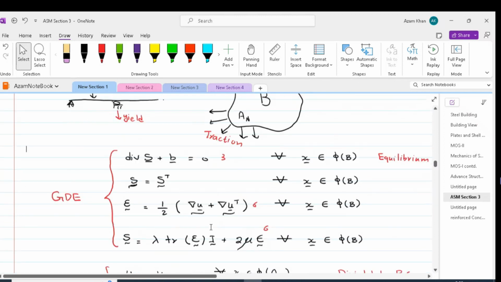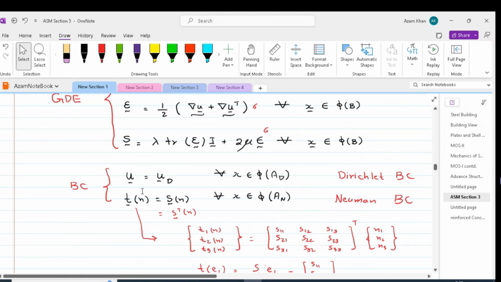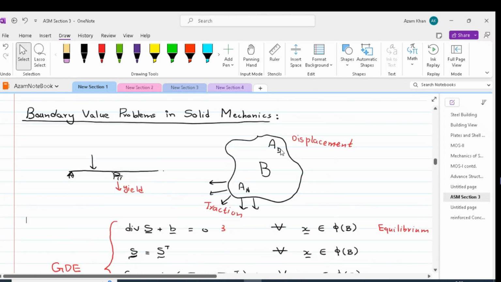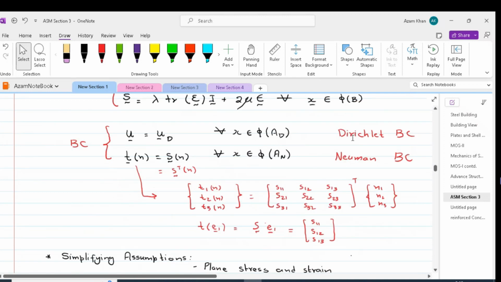Now, beside this, we have boundary conditions. As we discussed, we have a displacement boundary or a force boundary, where we specify displacement. That is called the Dirichlet boundary condition. And where we define force or we apply force, that is called the Neumann boundary condition.